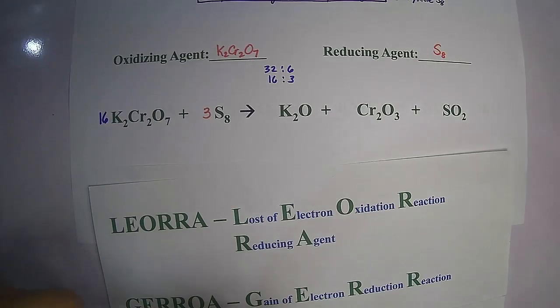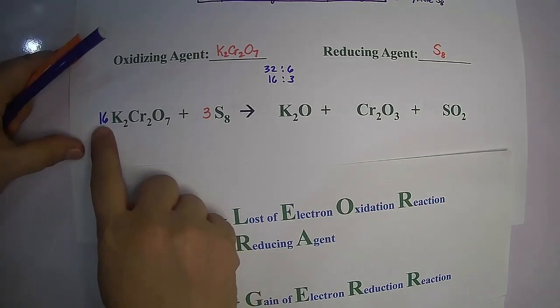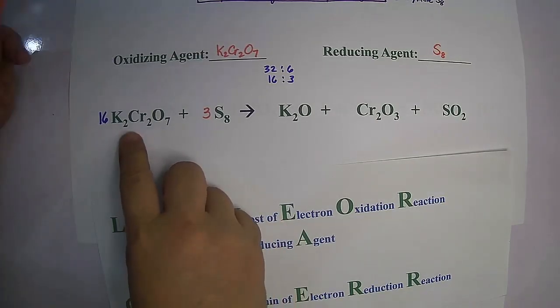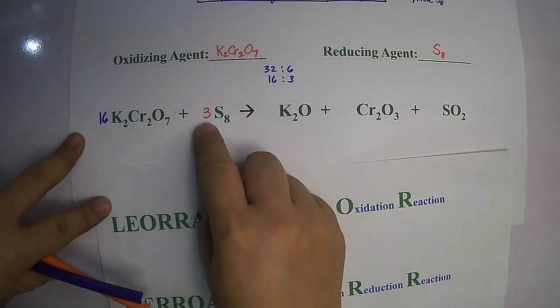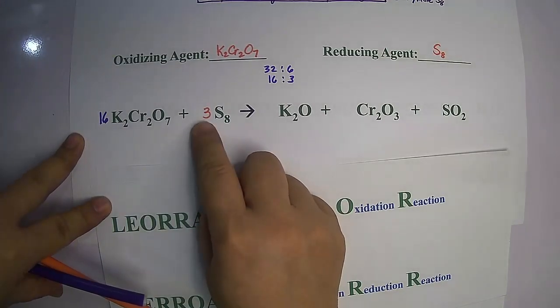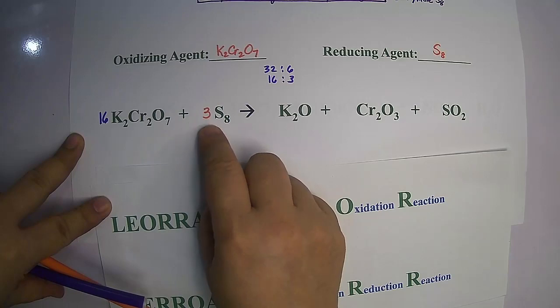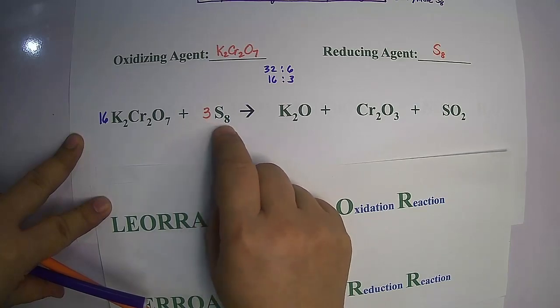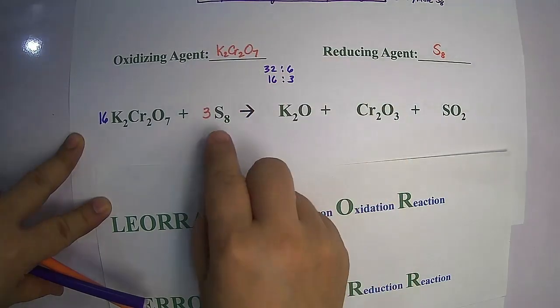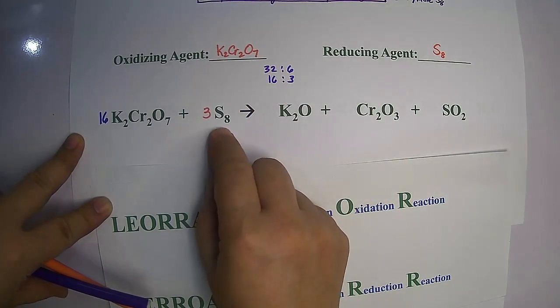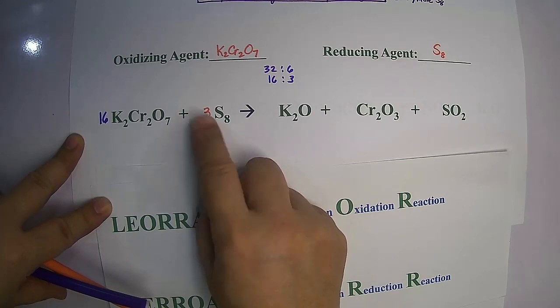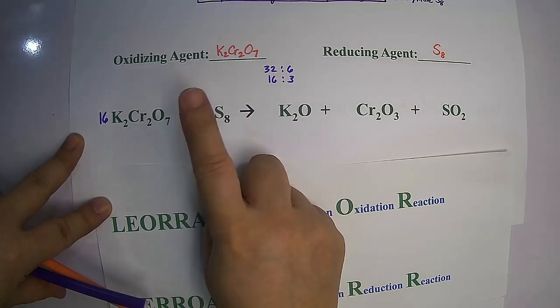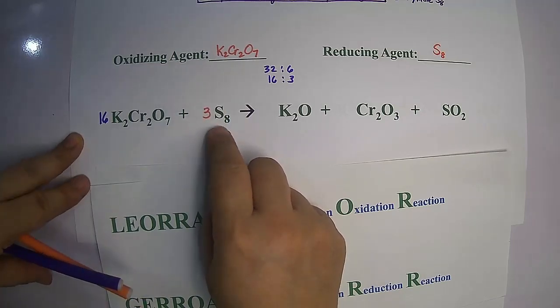Now that we have cross multiplied, let's examine the element that is reduced and oxidized. Sulfur here, 3 moles of sulfur, and per atom of sulfur is giving 4 electrons, and you have 8 there.